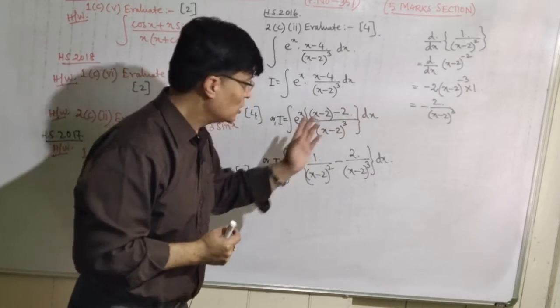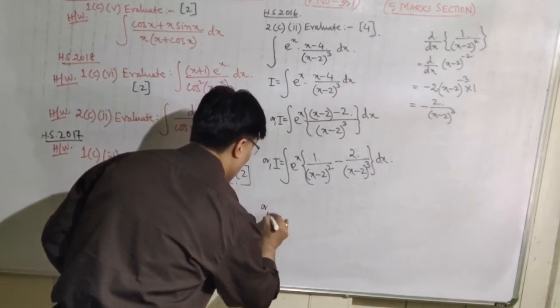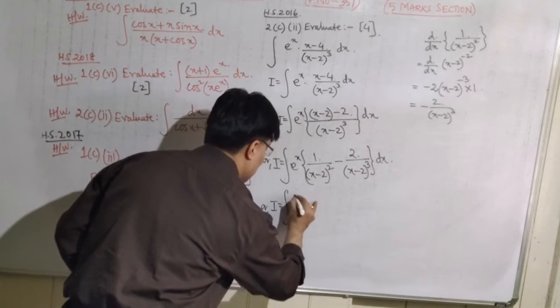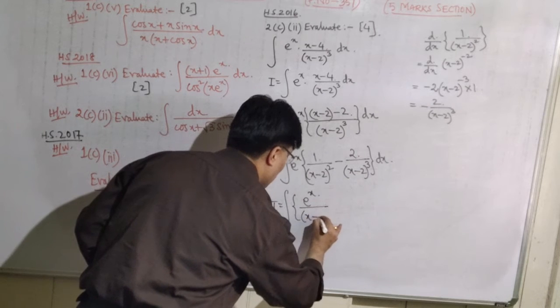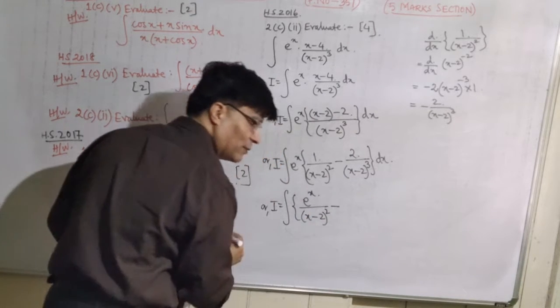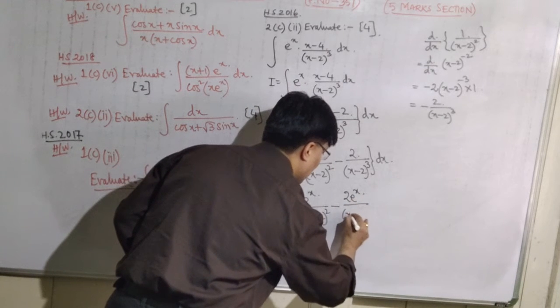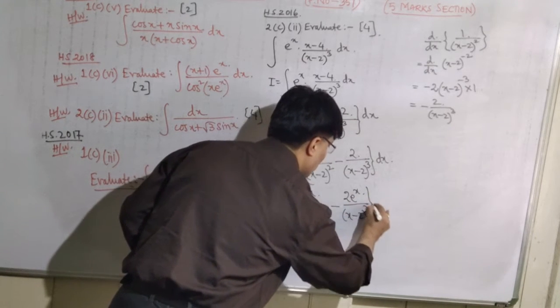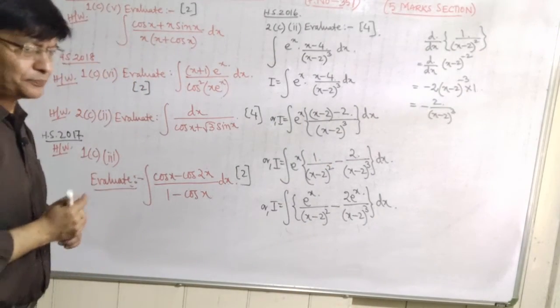Is that clear? So let us first multiply by e^x here. Or I equals the integration of, within the second bracket, e^x / (x - 2)^2 minus 2e^x / (x - 2)^3, second bracket closed, dx. Okay.